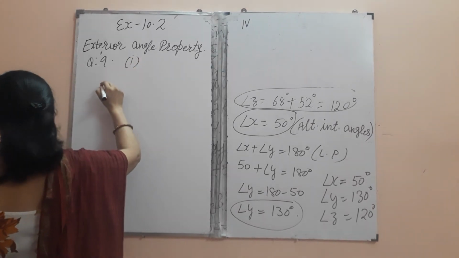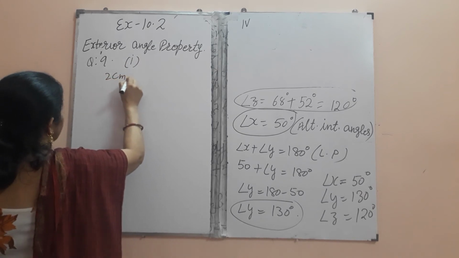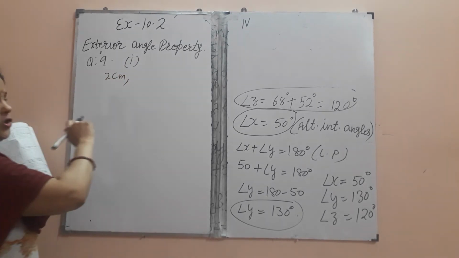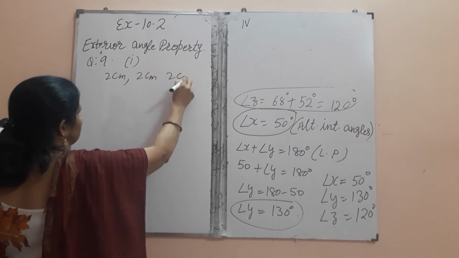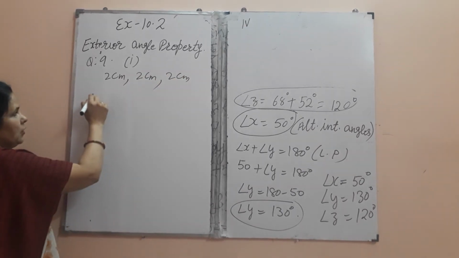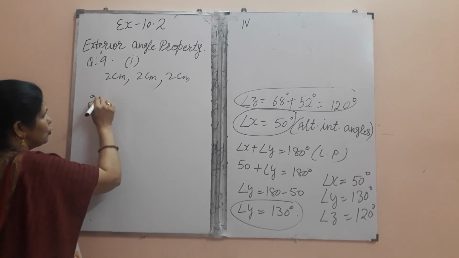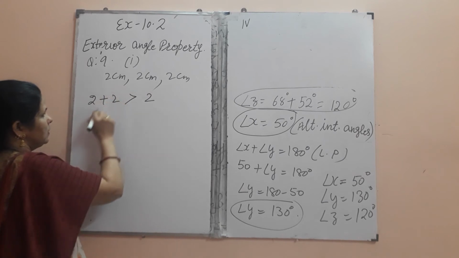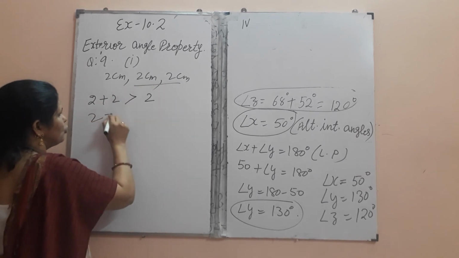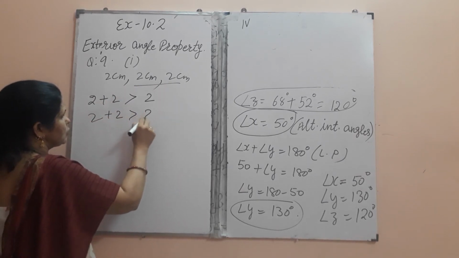Question number 1: 2 centimeter, 2 centimeter, and 2 centimeter. These are the lengths of the sides of a triangle. So we will add first 2: 2 plus 2 is greater than 2. Then next 2: 2 plus 2 is greater than 2.